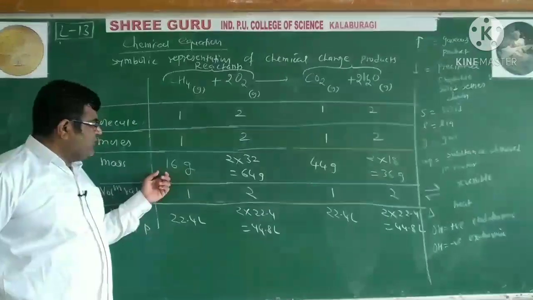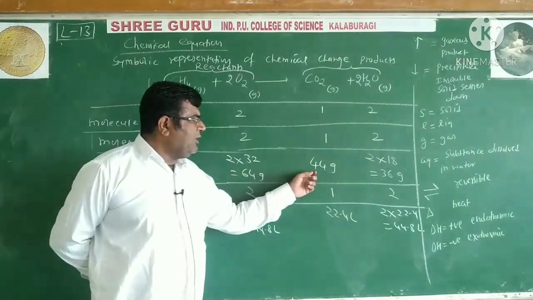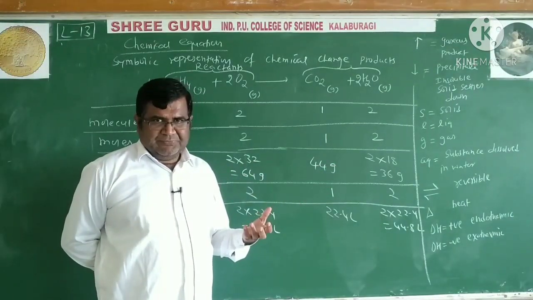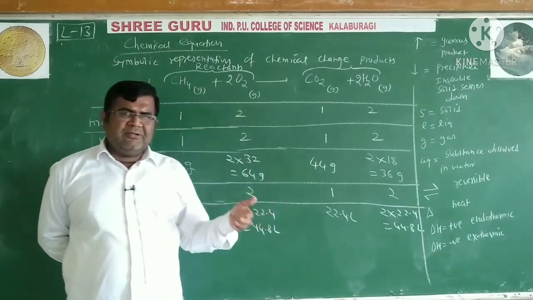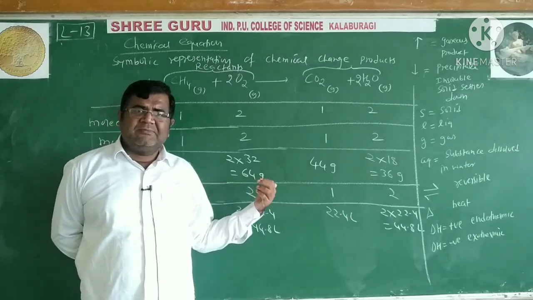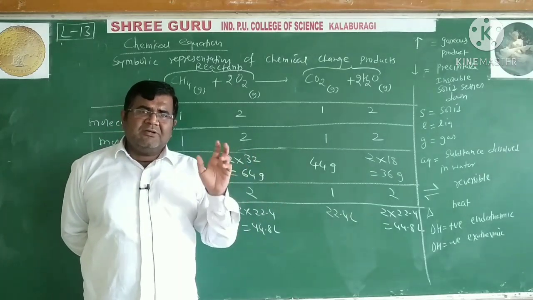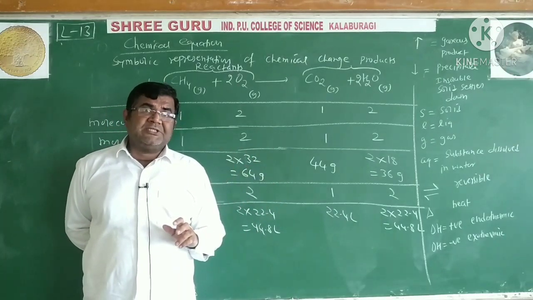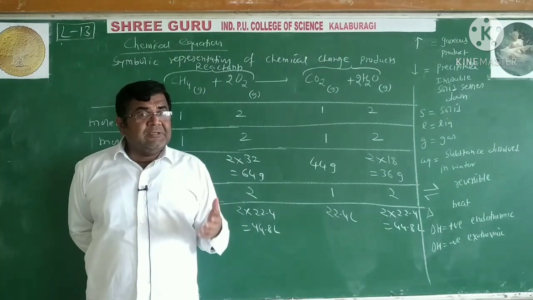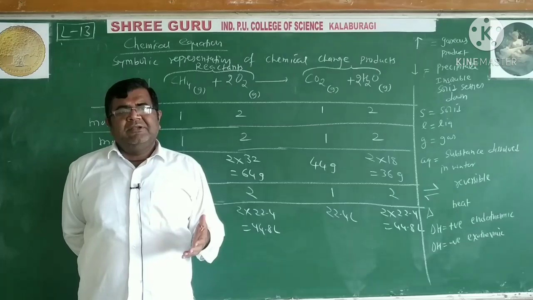This 16 grams, 64 grams, 44 grams, 36 grams is the theoretical condition. But when we carry out the reaction, we may not take this many grams. So how much amount of reactant is taken, and how much product is formed, that is not given by the equation.